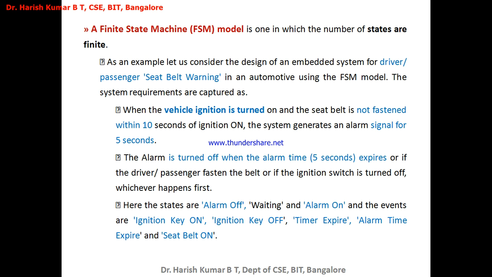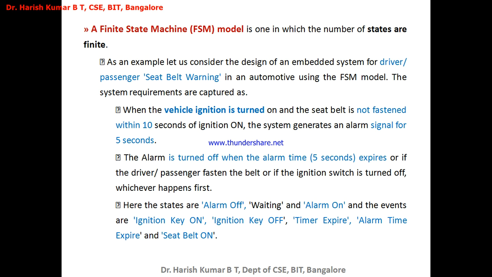Say, for example, I want to consider the garage door opener. The garage door, or even the house door, or any door, has finite states: closed state, open state, opening state and closing state.